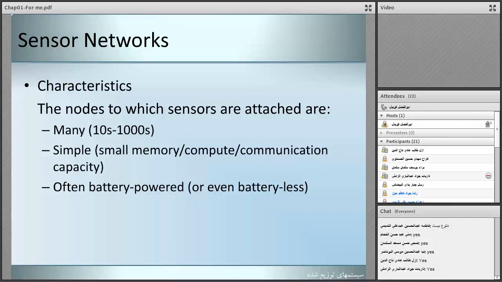Consider a forest where a large number of sensors are installed in different places. The purpose of this sensor network is to monitor and track the movement of animals in the forest.